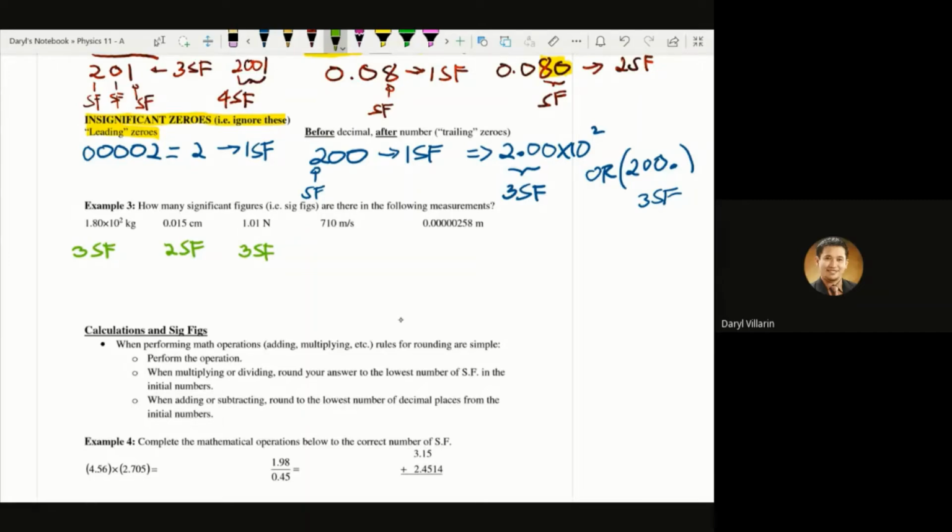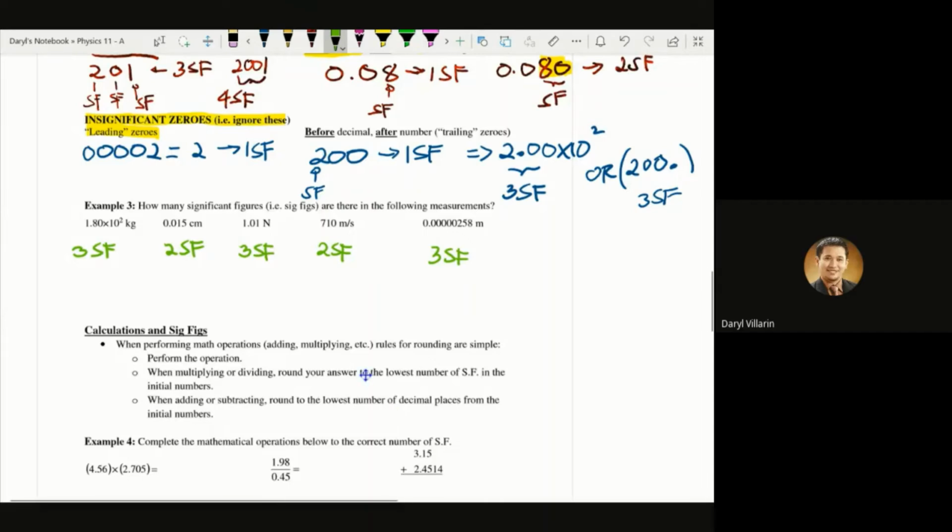The zero after a non-zero without a decimal is considered insignificant, so you only have two significant figures. And then the last one, the zeros in front, you don't have any non-zero in front, so all the zeros here are insignificant. The significant figures are just your 2, 5, and 8, so you have three significant figures.